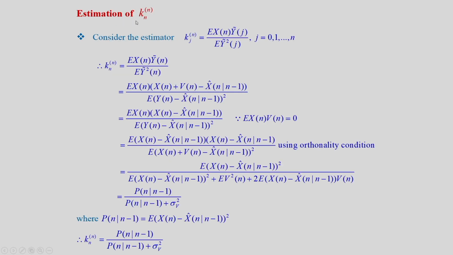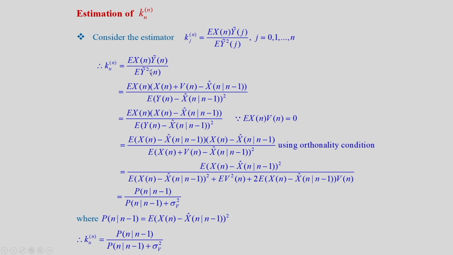Let us see the estimation of k_n^n. We have the estimator k_j^n equal to E of x_n times y tilde j divided by E of y tilde j square, that we have obtained earlier. Therefore, k_n^n will be equal to E of x_n times y tilde n divided by E of y tilde square n.